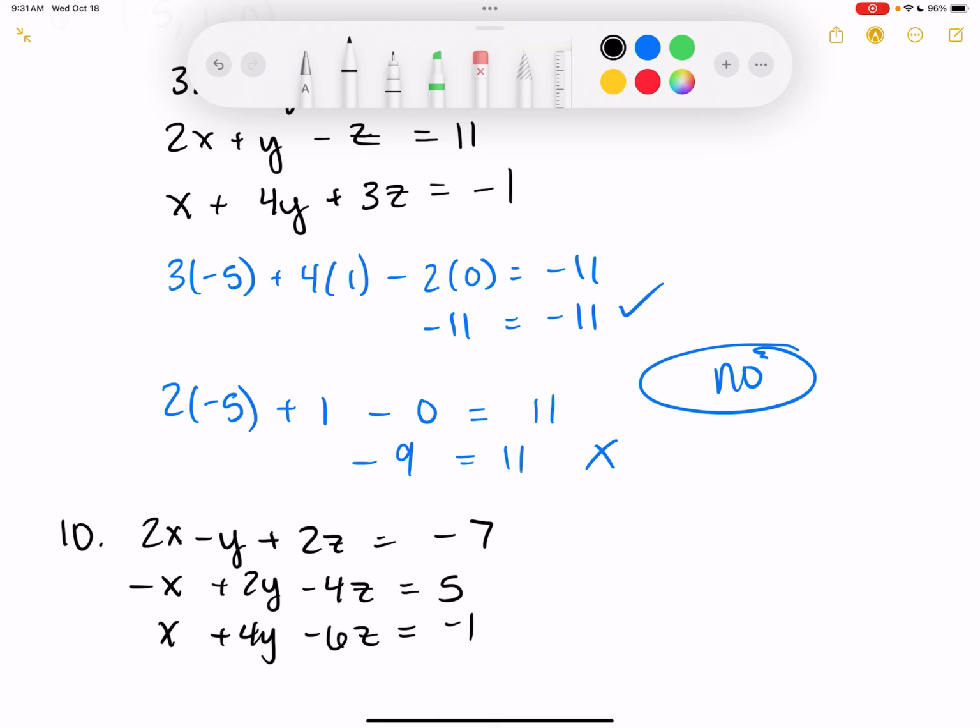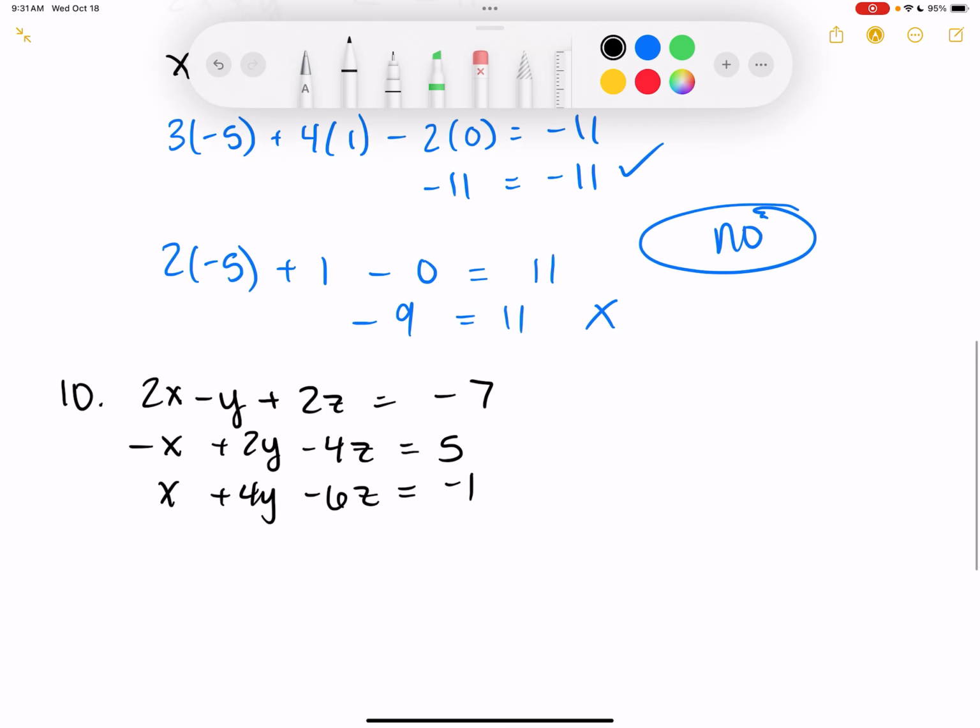So just like with the other ones, we're trying to figure out what variable can cancel. Basically, I'm trying to get a canceled equation from two of the equations that we already have. So I'm going to use initially the bottom two because negative x and positive x already cancel, so that works out nicely.